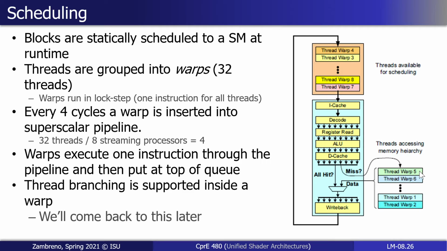So thread warp 5 missed in the cache and has to access main memory. Eventually, that main memory will return. It'll take 300, 400 cycles. As long as, in that 300, 400 cycle wait, we had enough happy work for the GPU to be doing, then we're all good, right?